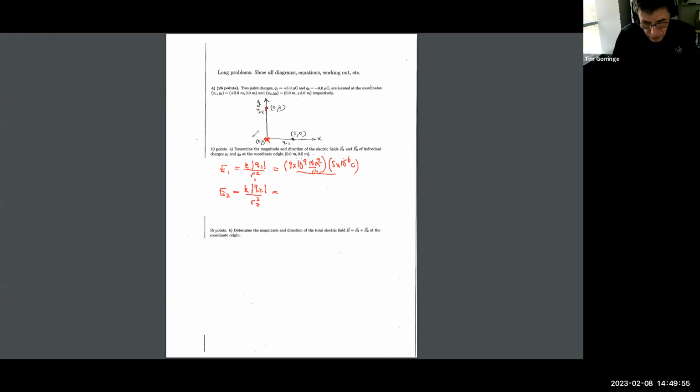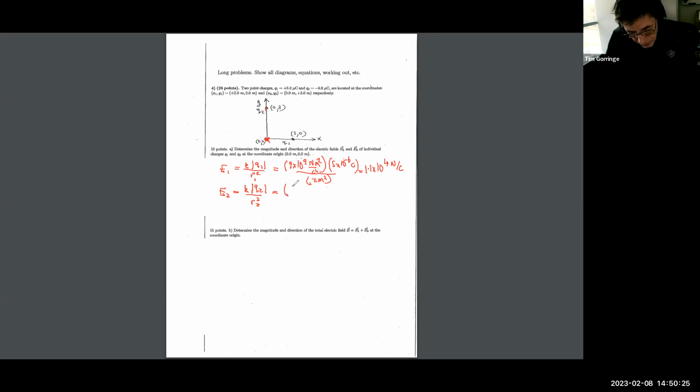So we just got to fill in the 2 meters and square that. And I've already gone ahead and calculated the result. I got 1.1 times 10 to the 4. And the units of field are newtons per coulomb, because if we multiply by charge, we'll get a force, so it'll be newtons. Let's do the same thing for the second field.